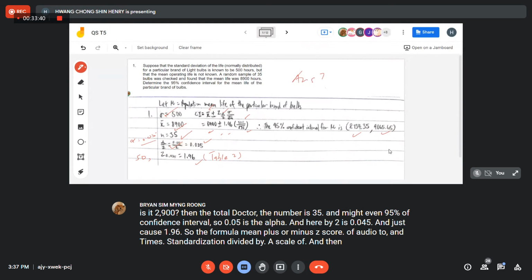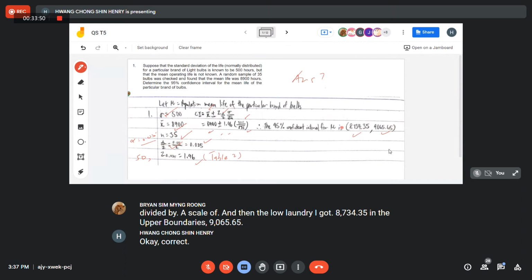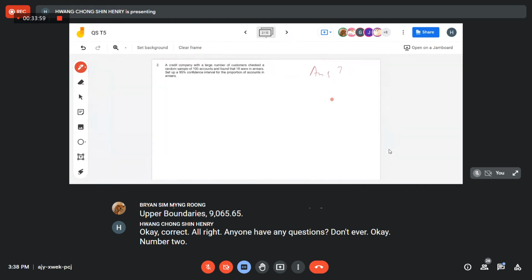Then the lower boundary I got 8,734.35 and the upper boundary is 9,065.65. Okay, correct. All right. Anyone have any questions? Don't have. Okay, number 2.